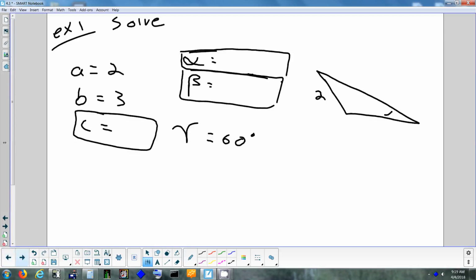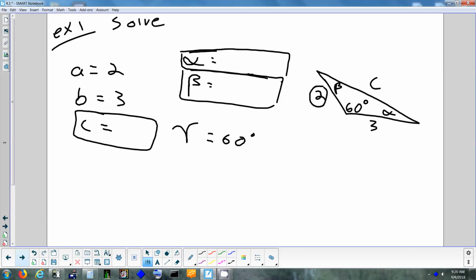So I'm going to put A, alpha, B, put beta across from it, C, gamma. So Kyle, based on that picture, what kind of triangle is this? Using our 3 letters.